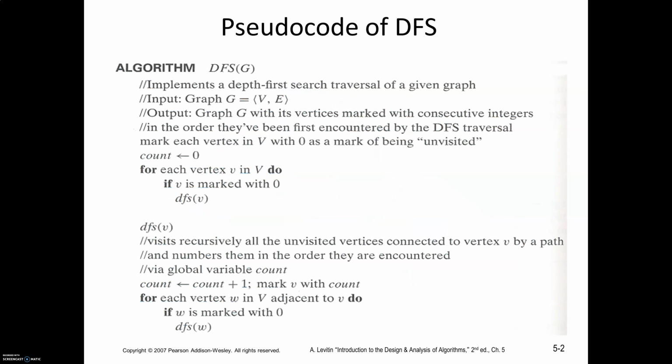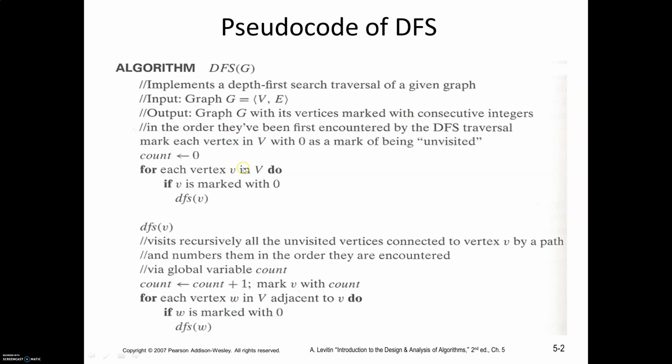Now we'll see the pseudocode for DFS. Here all the vertices initially you have to mark with value 0. That indicates that all the vertices are not visited. Now use the count variable. It's a global variable initialized to 0.